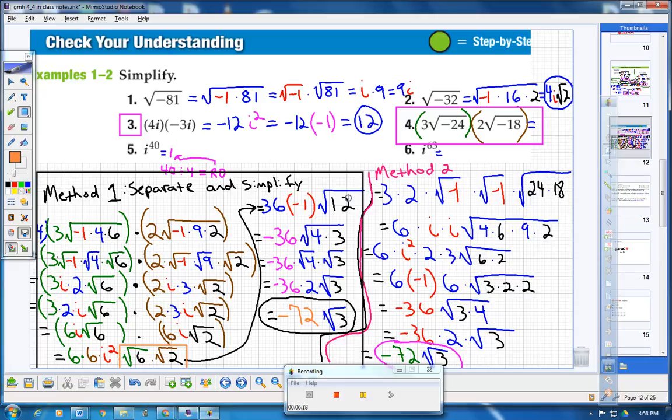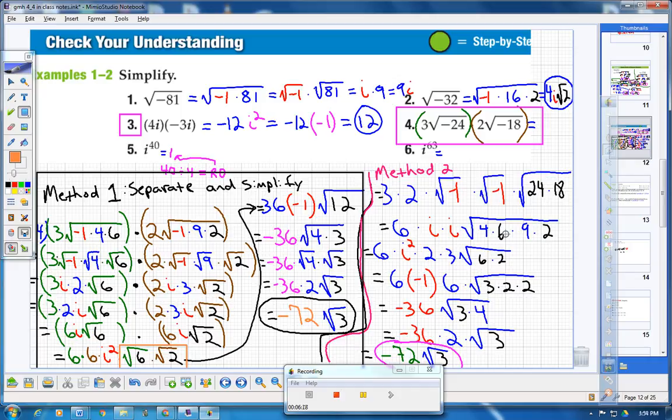The square root of 12 consists of the square root of 4 times 3, and the square root of 4, you see that as a perfect square. So then you can pull that out. The other method that we have is we could multiply 24 times 18. I don't know why you would want to do that. It creates a number that really creates more work for you.